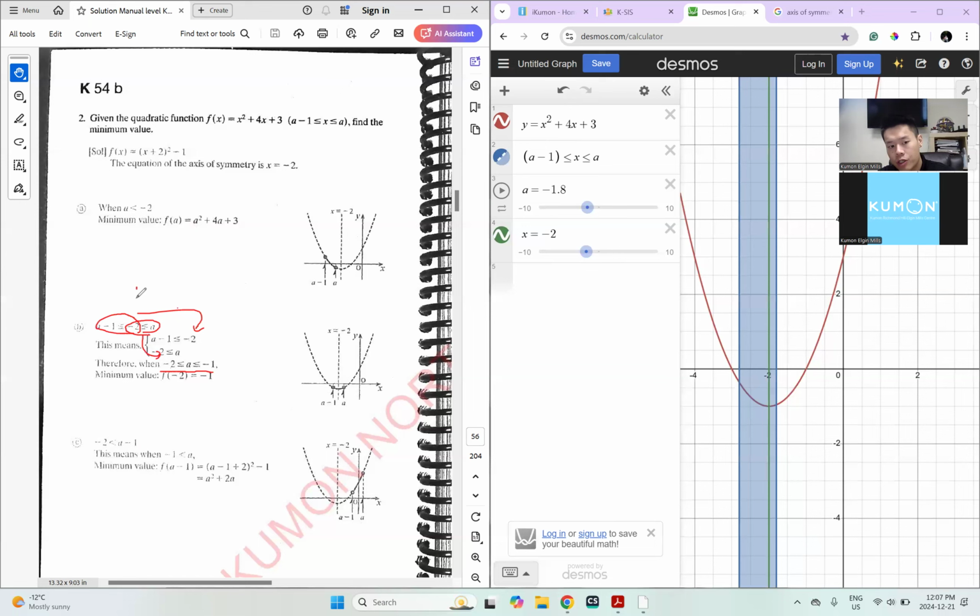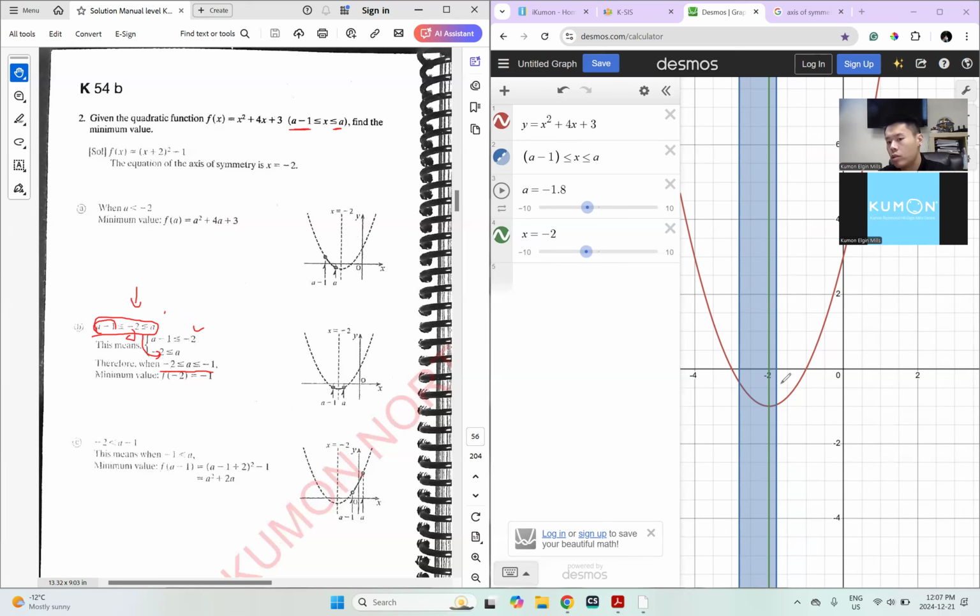So first you have to establish this inequality first to understand that my right side extreme of my domain is bigger or equal to -2, which is my axis of symmetry. Then my left side extreme of my domain is smaller than my axis of symmetry.